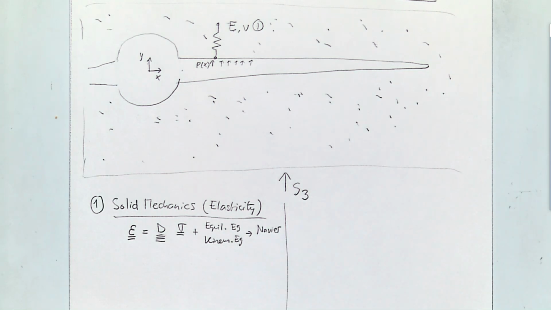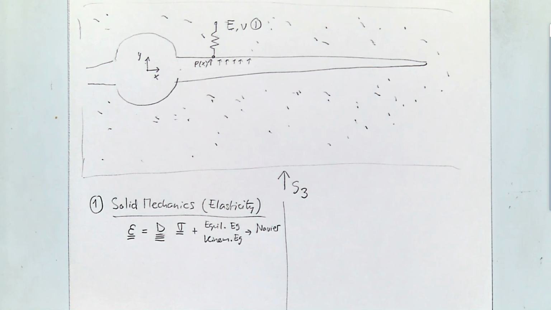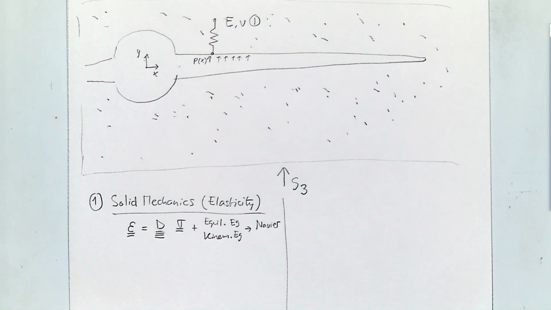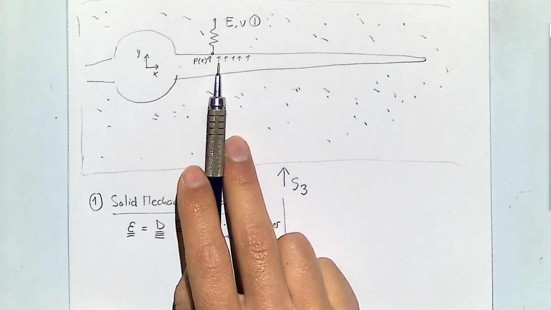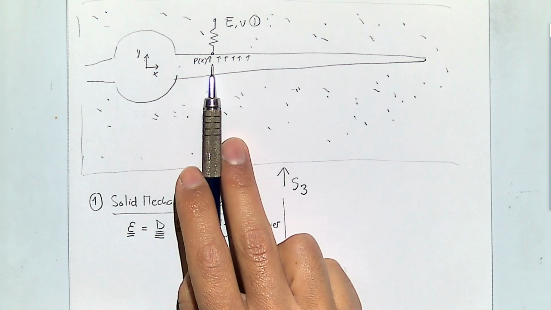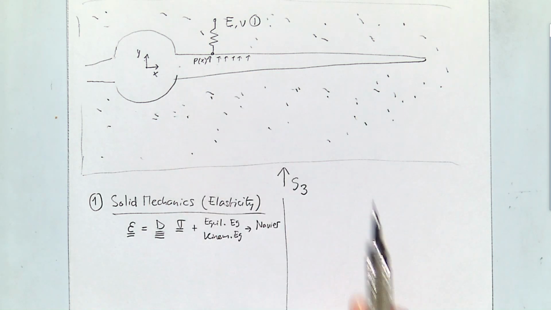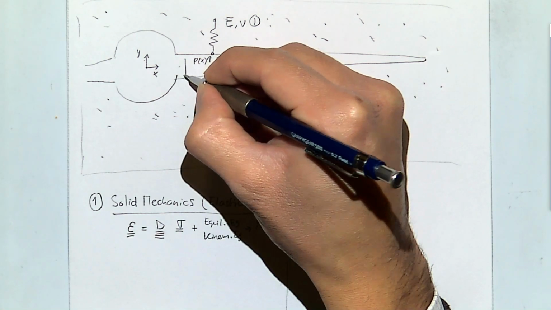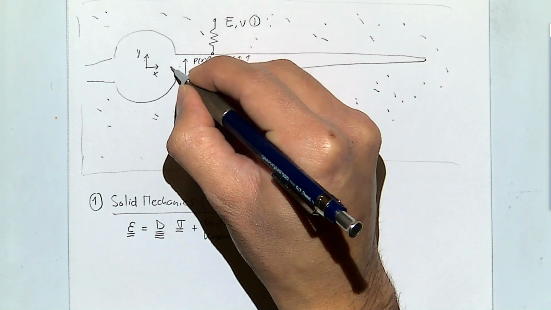But the story is that we can solve this equation. And when we solve it, we're going to be able to predict what is the width of the fracture as a function of the pressure applied on the fracture.